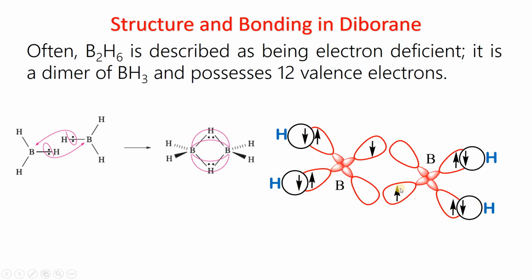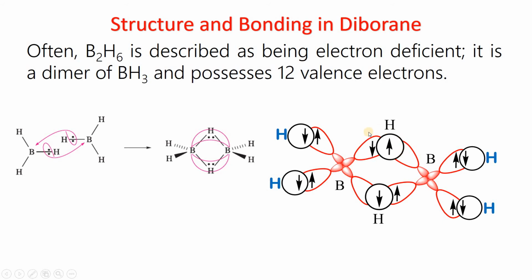Now we are left with only 2 electrons in the 4 orbitals, and now the 2 hydrogens will come here with 1 electron each. So there are only a total of 4 electrons in 1, 2, 3, 4, 5 and 6 orbitals. 2 are hybrid orbitals, 4 are hybrid orbitals, 2 are hybrid orbitals and 2 are atomic orbitals. So now if you look here, boron, hydrogen, boron, there are 3 centers but only 2 electrons.